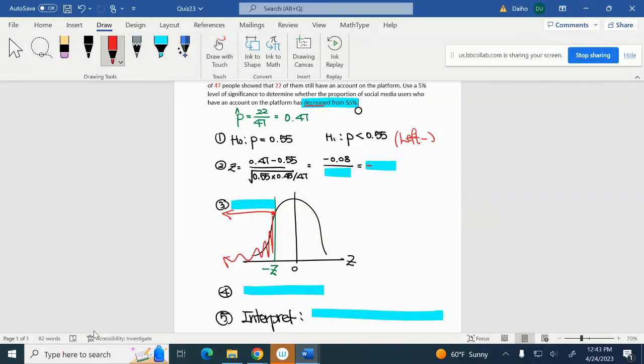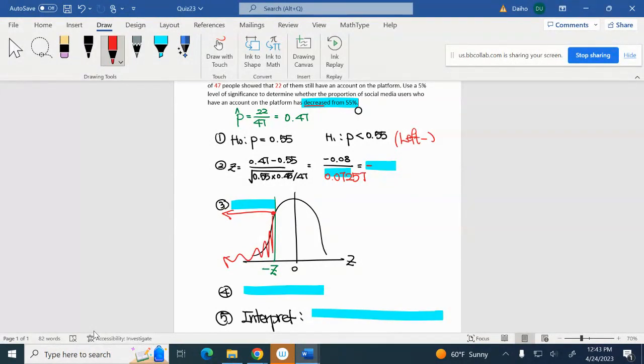I think it's because of the rounding problem. The denominator must be 0.07257.